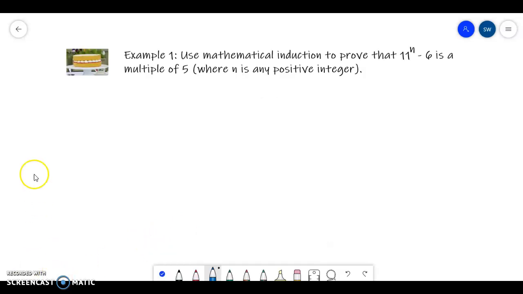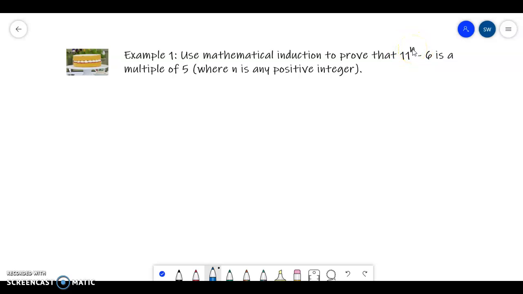Okay, so for our first example, we want to use mathematical induction to prove that 11^n minus 6 is a multiple of 5, where n is any positive integer. So this is what I was saying before: we have a statement that's claimed to be true no matter what you plug in for n.